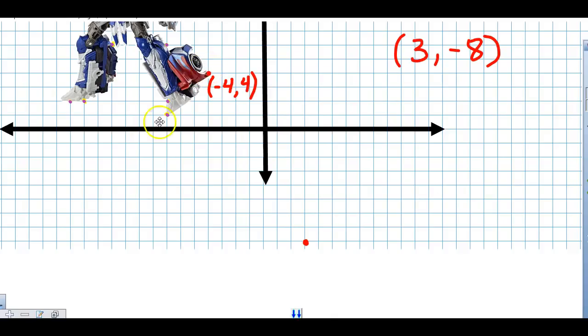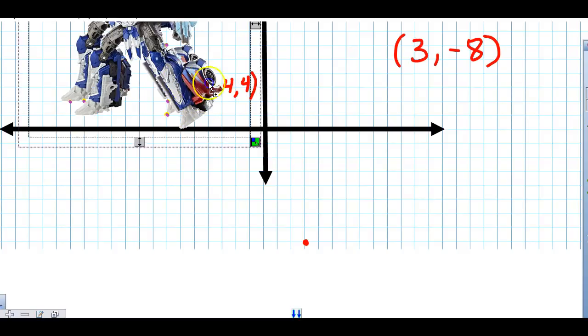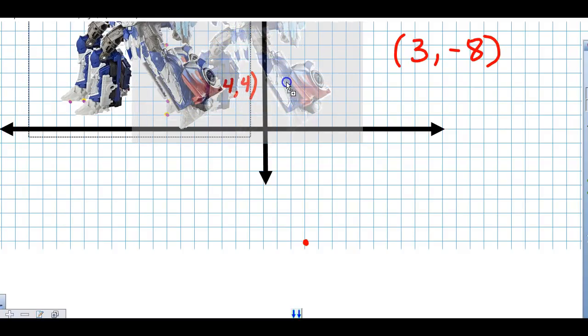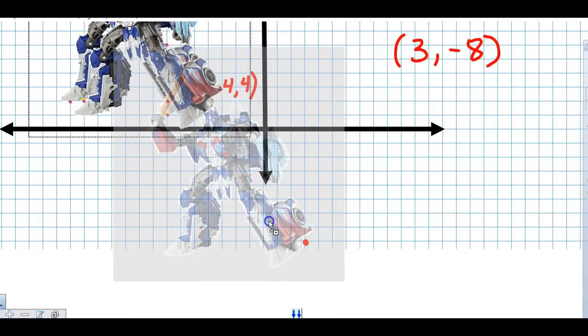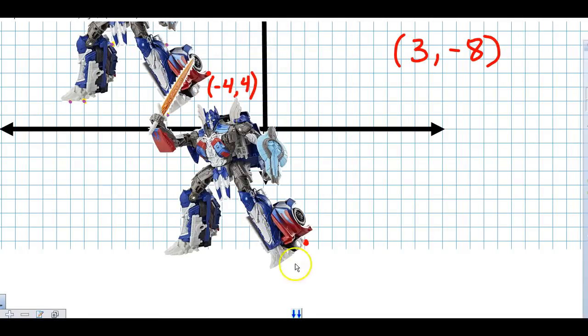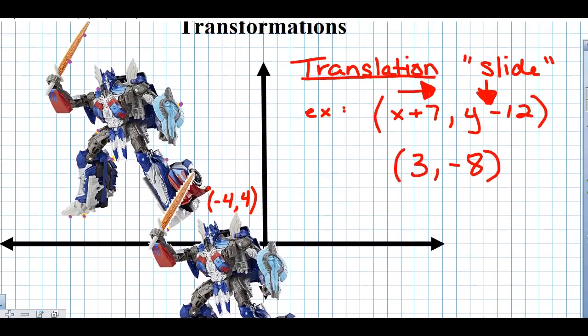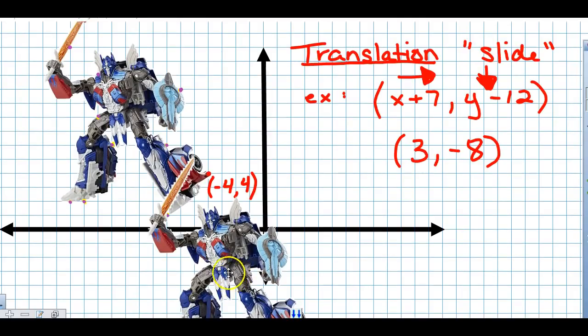So then what I would do is I would do that for each and every single point. And we would find that Optimus Prime moves this way and on down. So he ends up being translated about right there. So he does a little move. Now, how do we distinguish between the two Optimus Primes here?